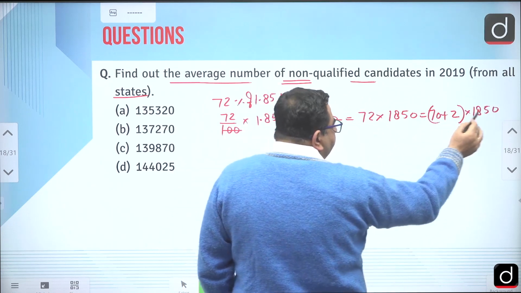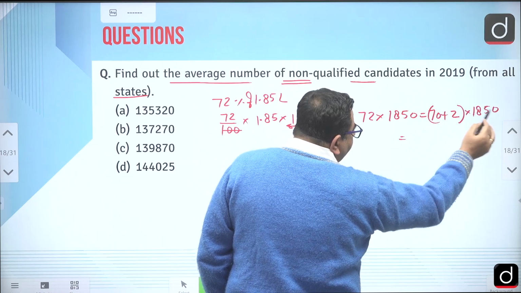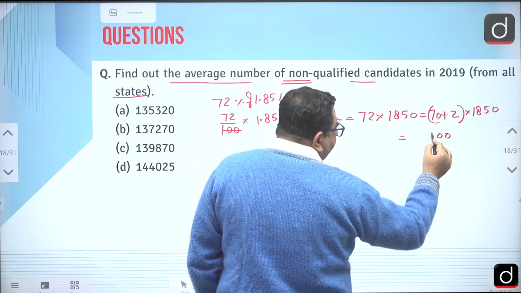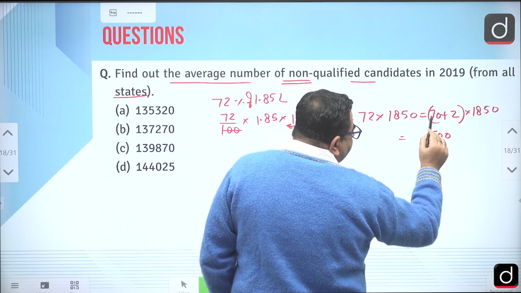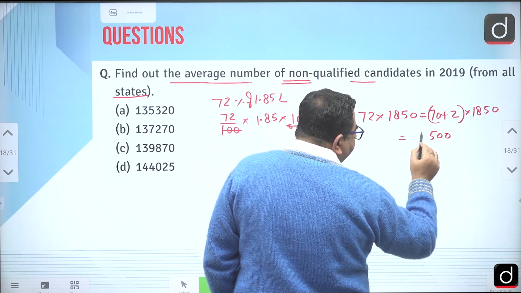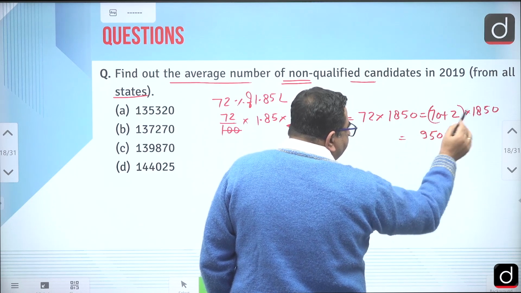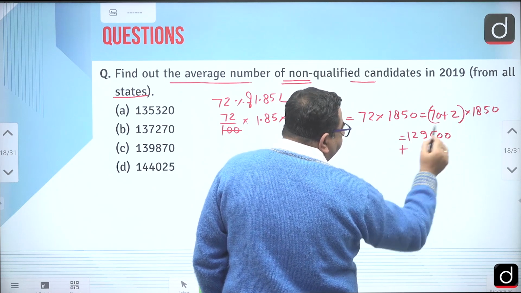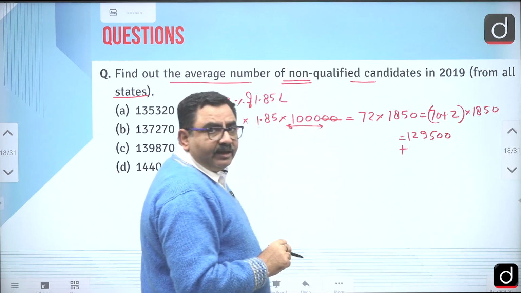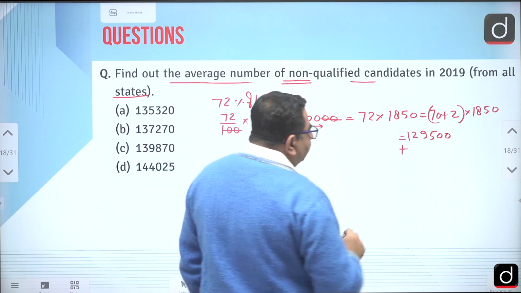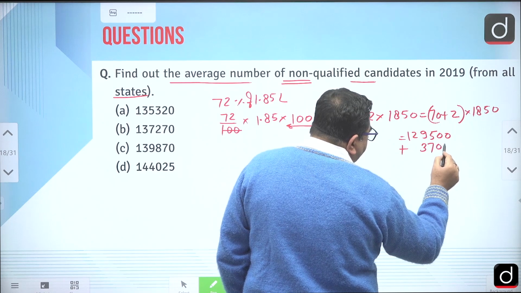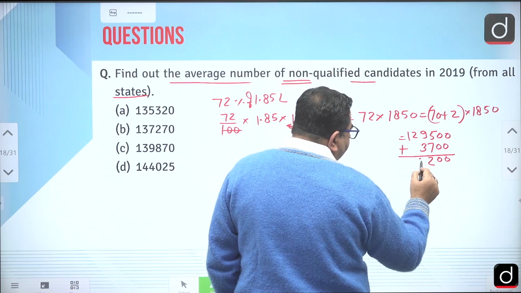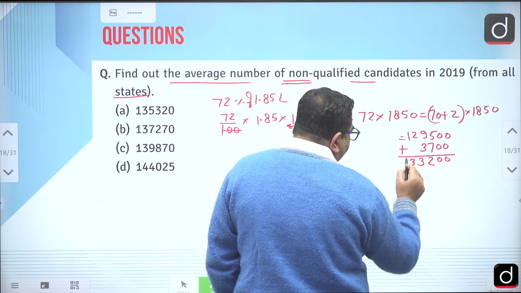This calculation is easy for me: 70 into, 7 into 5 is 35, carry 3, 7 into 8 is 56, plus 3 is 59, 7 plus 5 is 12, plus 2 times of this, so 185 into 2, that is 370. Then we can add easily: 5 plus 7 is 12, 1, 9, 10, 3, 13, 1, 2, 3 and 1.